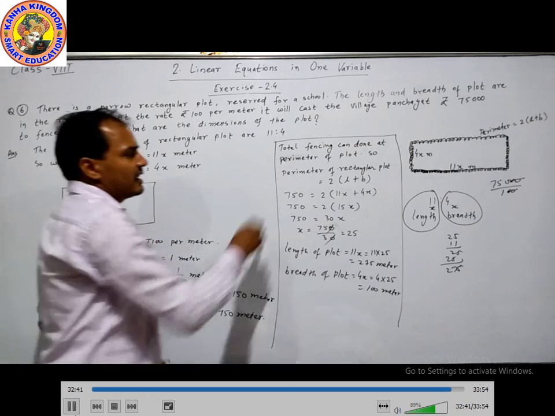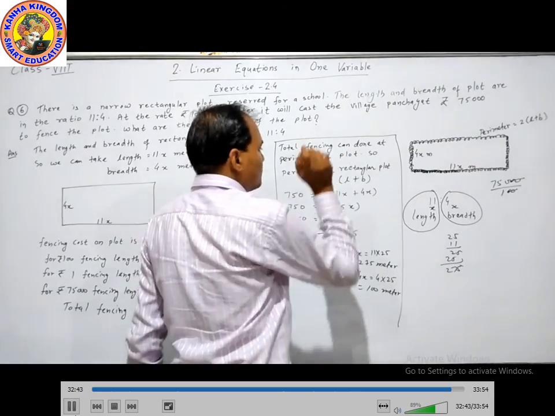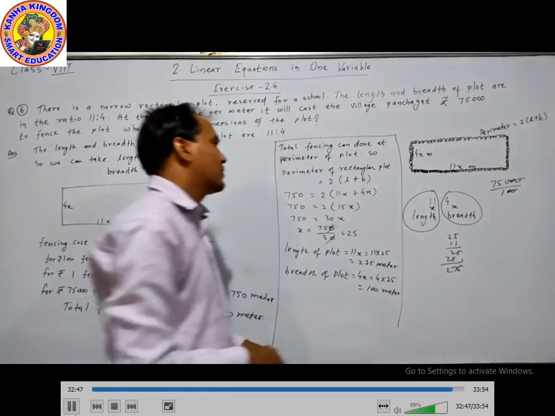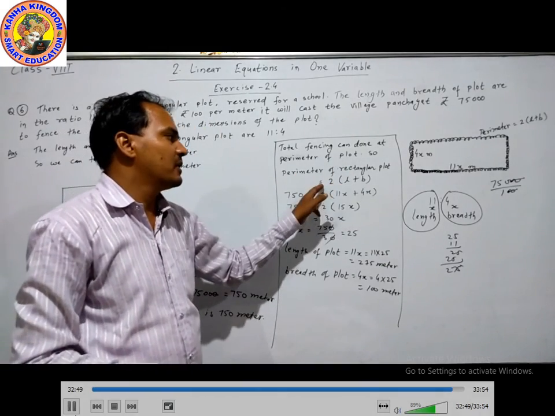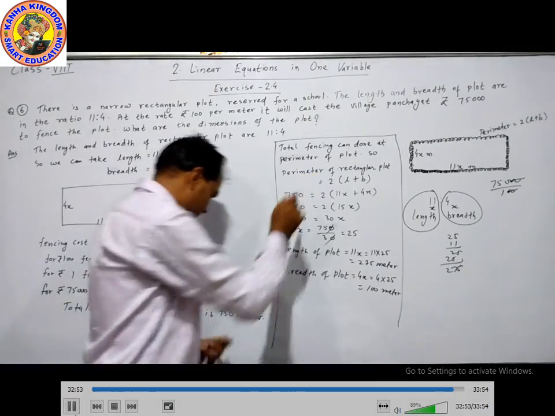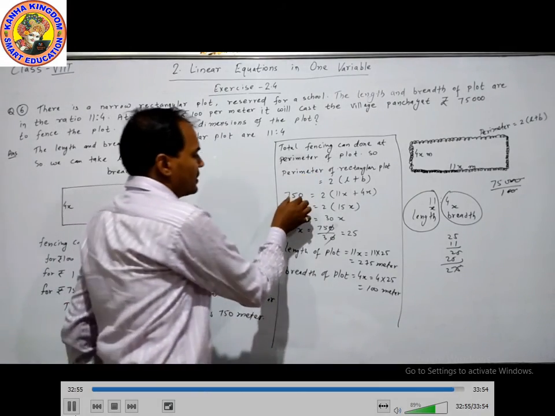The fencing will be done at the perimeter of the plot. So the perimeter of a rectangular plot is equal to 2 into length plus width. The perimeter is 750.